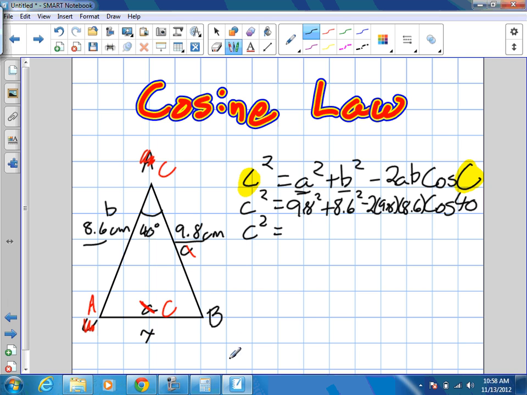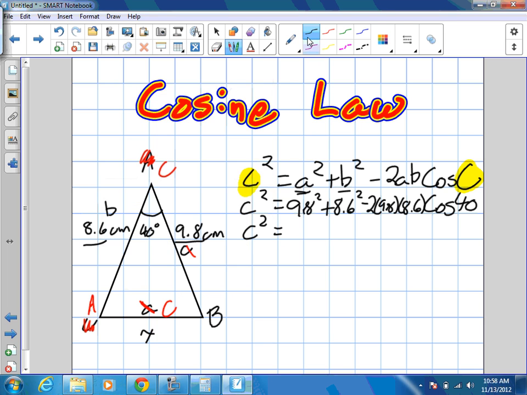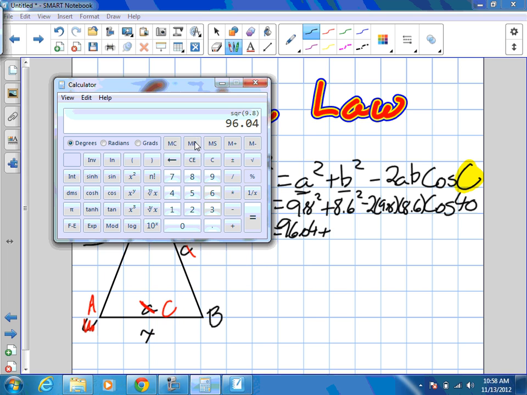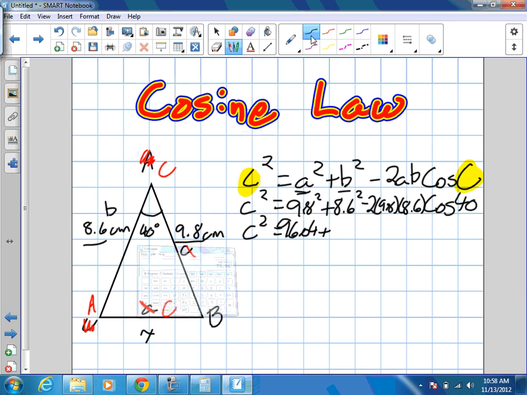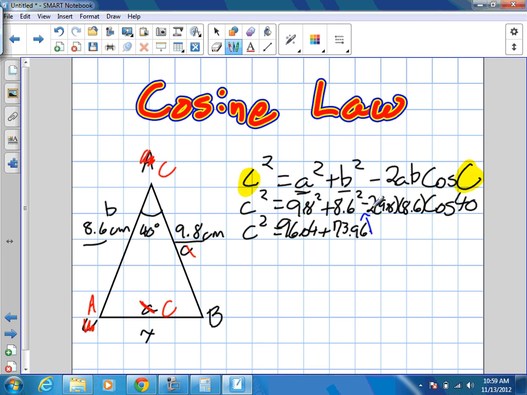So 9.8 squared is 96.04, plus 8.6 squared, 73.96, minus. Remember, this is a negative term here. This negative 2, so we're multiplying negative 2 times 2 positive values.